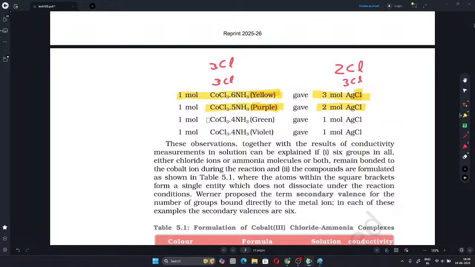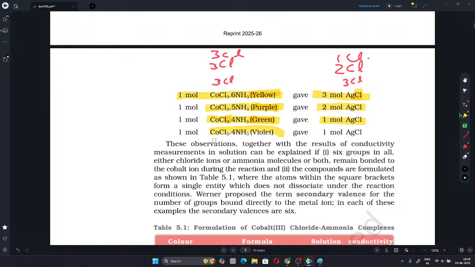And the third case, CoCl3 with 4 NH3, which is a green color solution, gave only 1 mole of AgCl. The main solution had 3 Cl, but we got only 1 Cl. In the fourth case, we took 4 NH3, but this is an isomeric coordination compound.